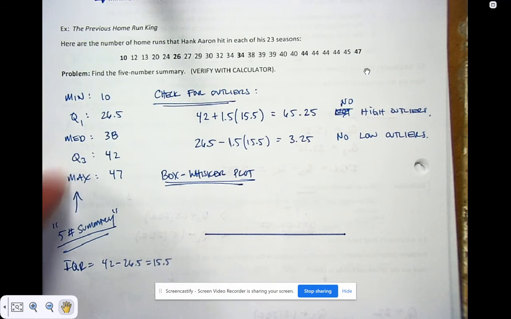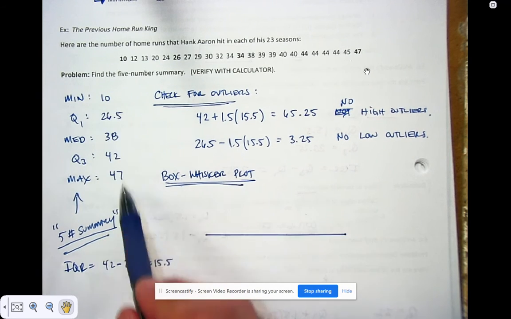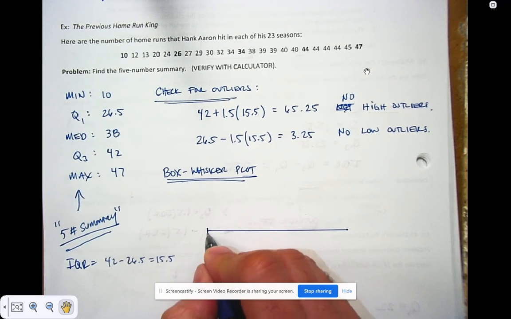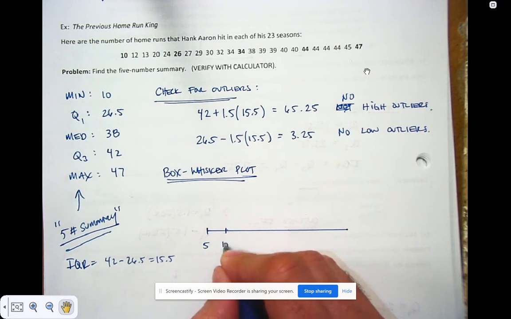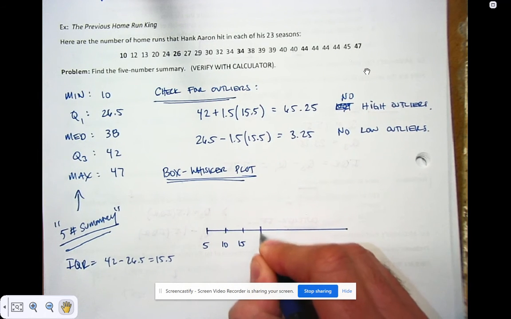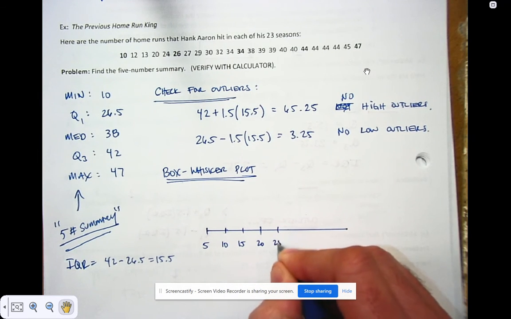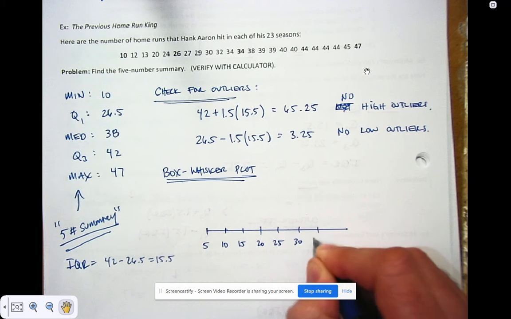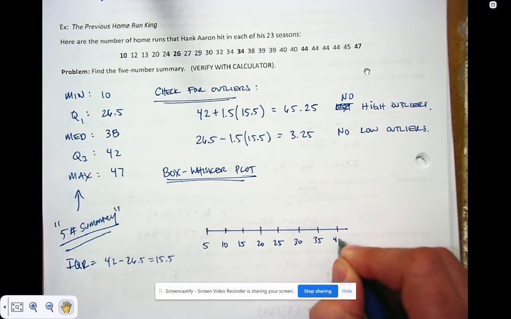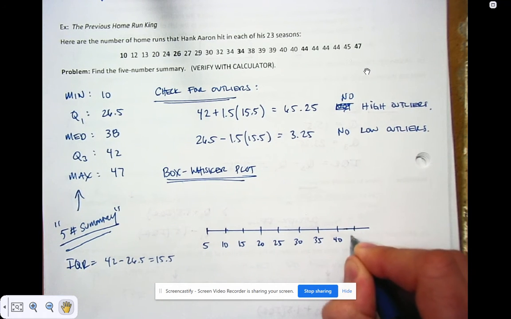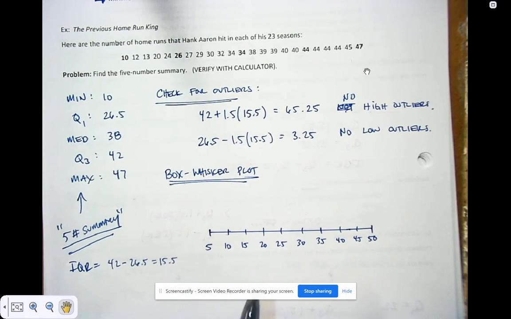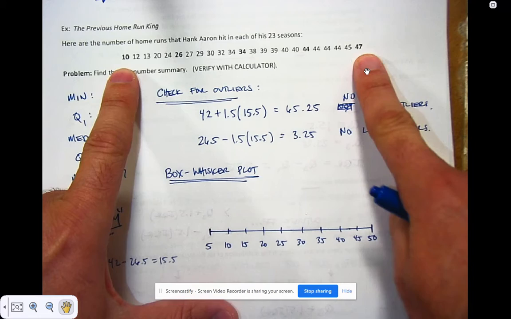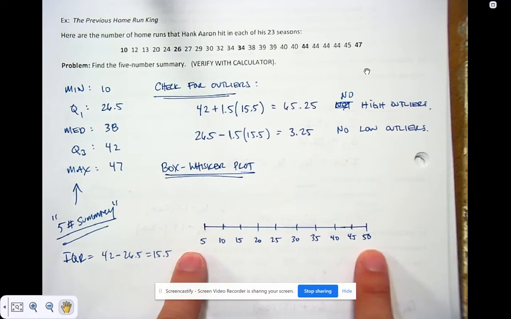If you go from 10 to 47, I'll just start here at 5 and go up by 5s. So 5, 10, 15, 20, 25, 30, 35, 40, 45, and 50. So I do a number line that captures all of these data points, and that looks good to go.